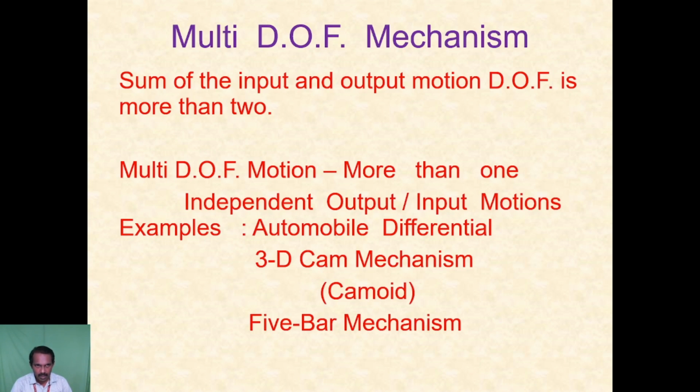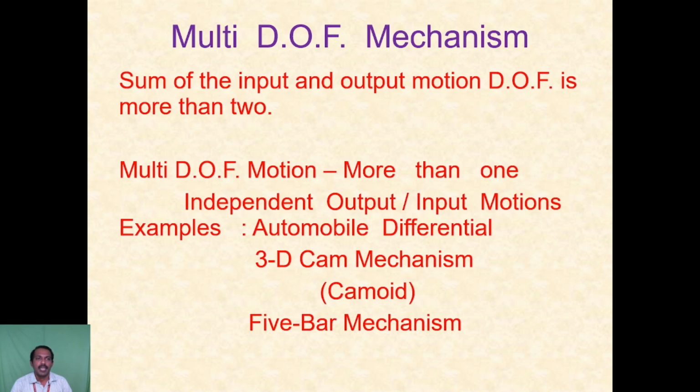Multiple degree of freedom mechanism. A good example is the automobile differential and the 3D cam mechanism. Another one is the 5-bar mechanism. Here the sum of the input and output motion degrees of freedom is more than 2.